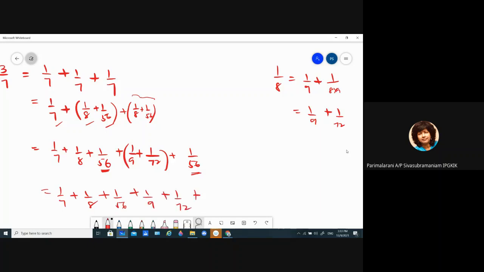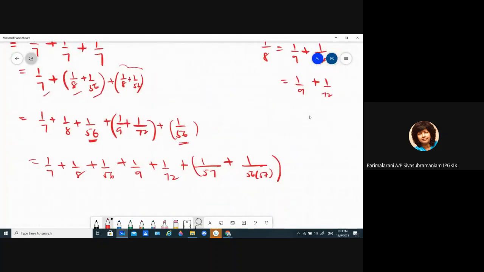Last one, change 1 over 56 to 1 over 57 plus 1 over 56 times 57. What is that? So my final answer will be 1 over 7 plus 1 over 8 plus 1 over 56 plus 1 over 9, 1 over 72, 1 over 57 plus 1 over 3192.